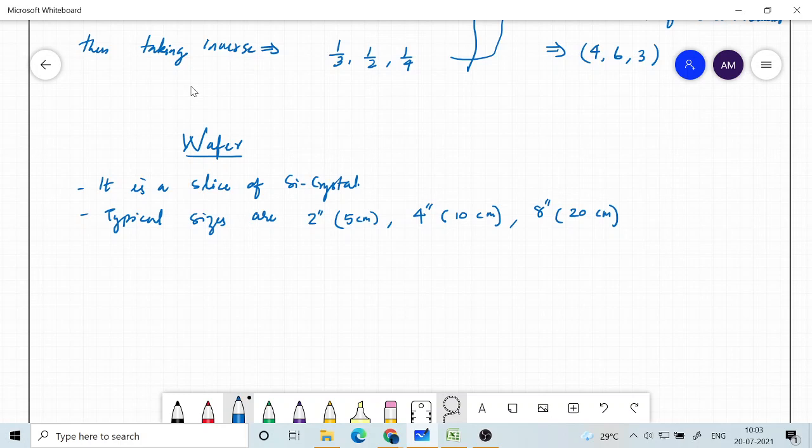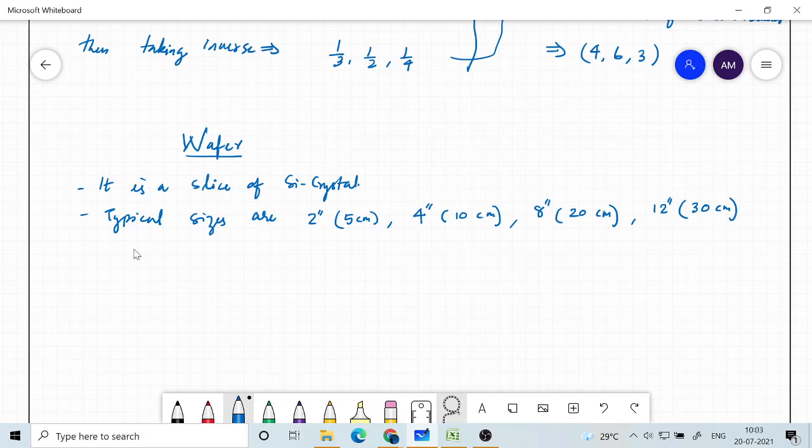You just multiply it with 2.5 to get the corresponding centimeter dimension, and then 12 inch. Nowadays what is most common is this 30 centimeter wafer.